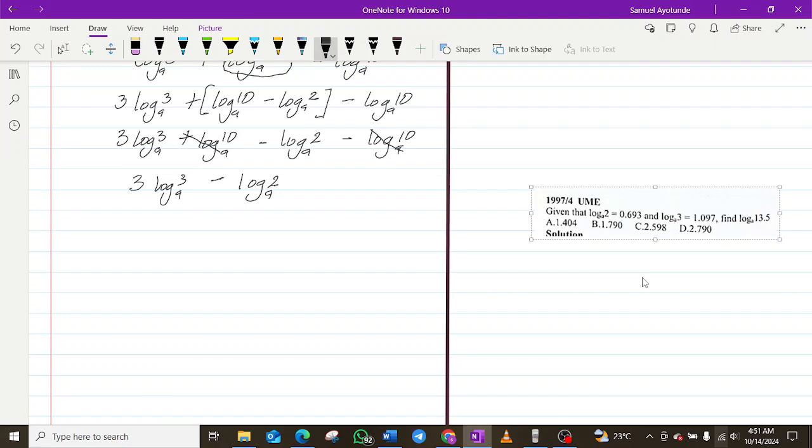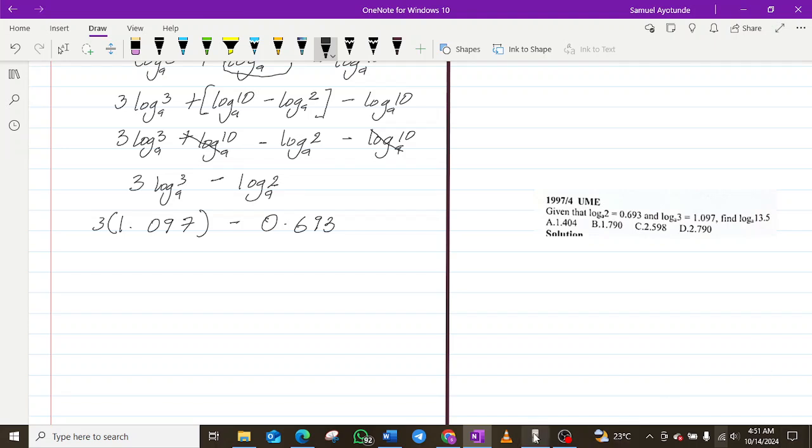So I have 3 in brackets, 1.097 minus 0.693. If we multiply this, we get the answer.